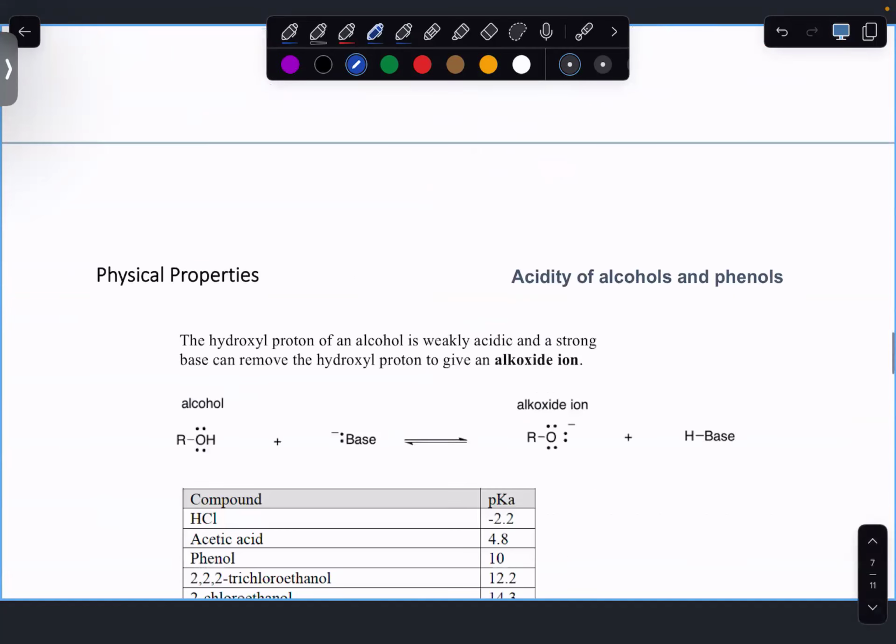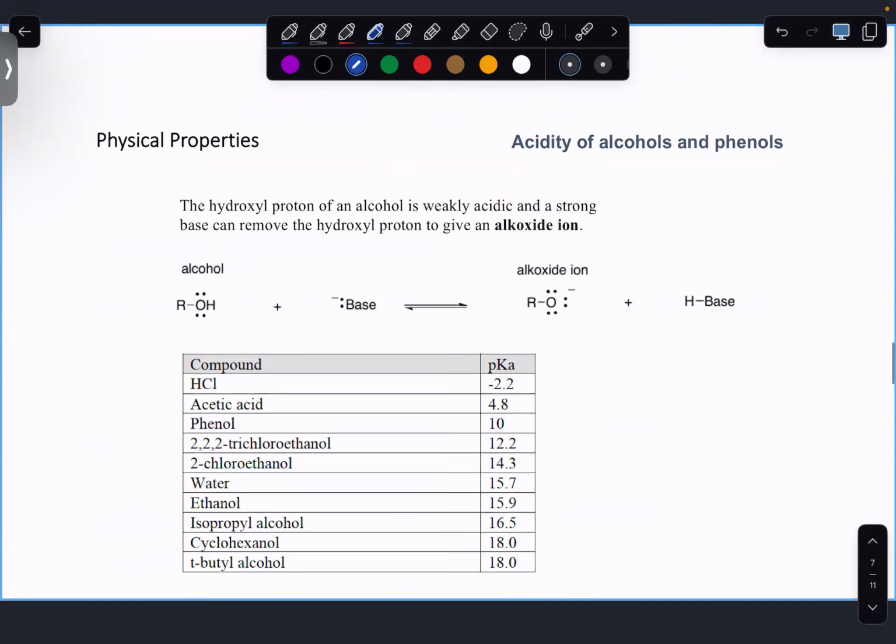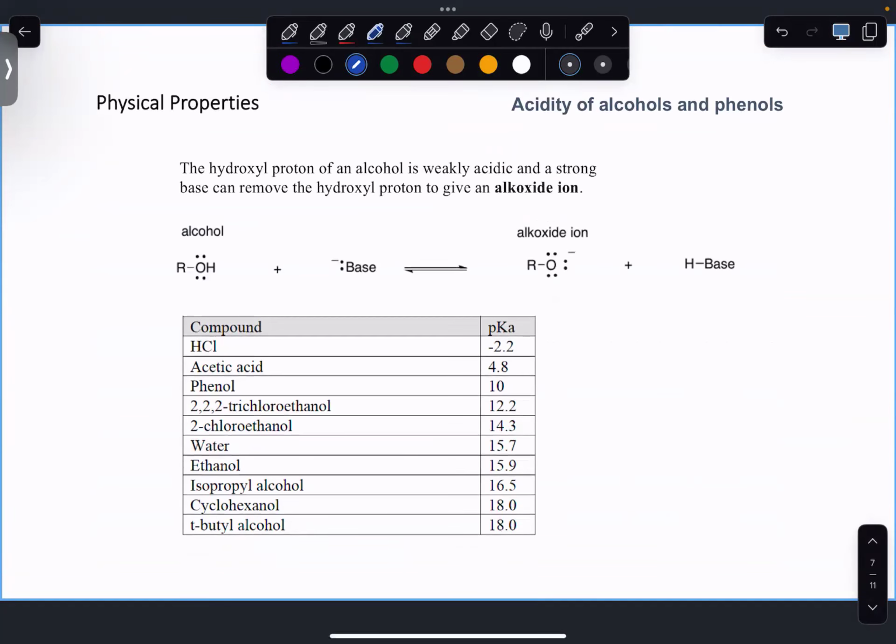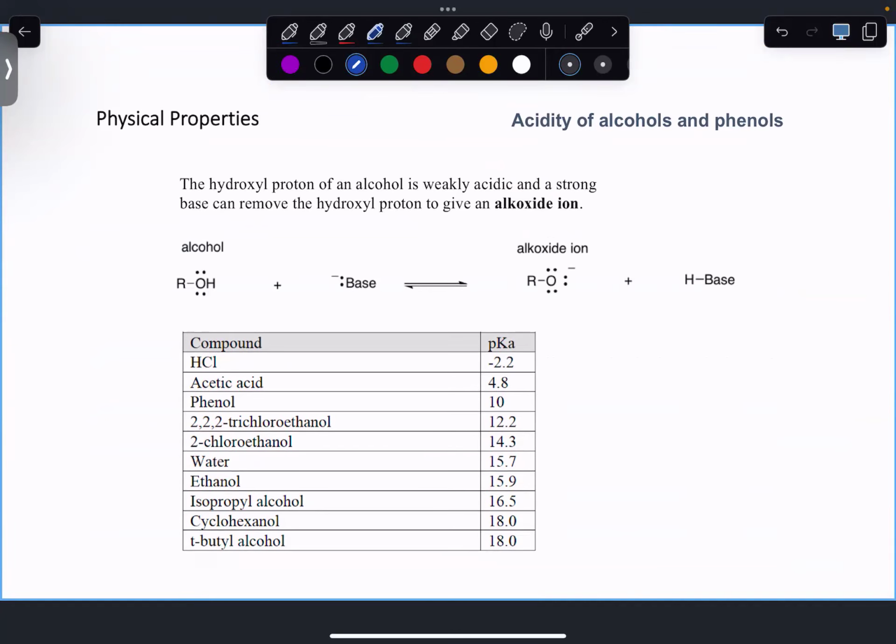Right? Okay. So what we're going to look at now is the acid-base nature of alcohol. If you have a look, I have the ionization expression written here. So it is possible to take an alcohol, and if you have a strong enough base, you can remove the H of the hydroxyl.